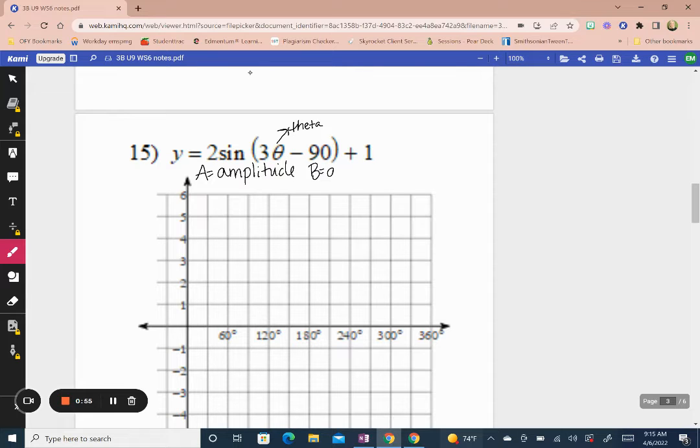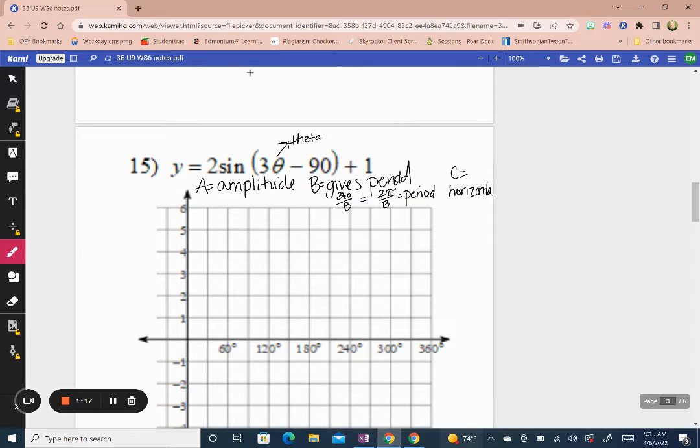B gives the period. So it's either 360 divided by b or 2 pi divided by b equals your period. C is a horizontal shift.